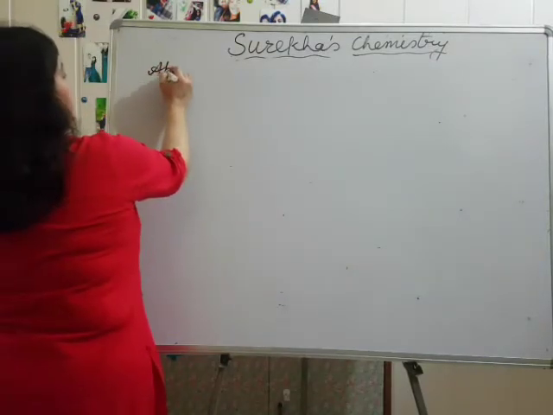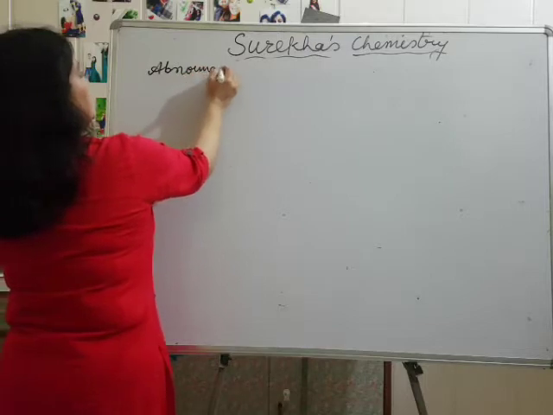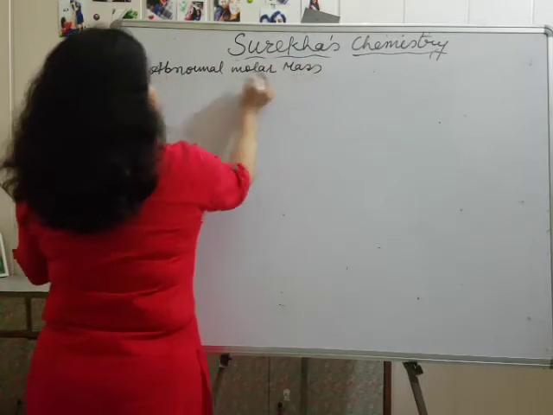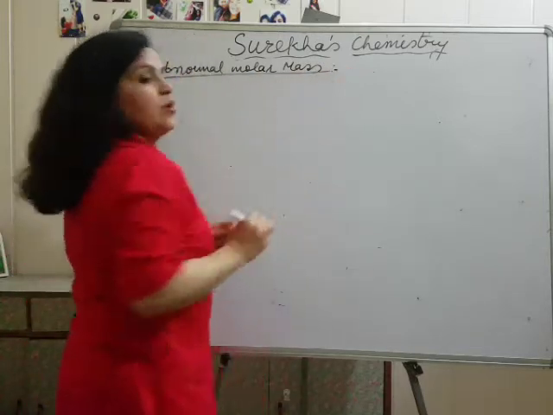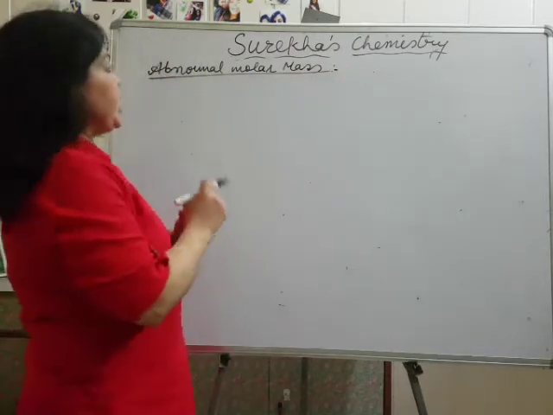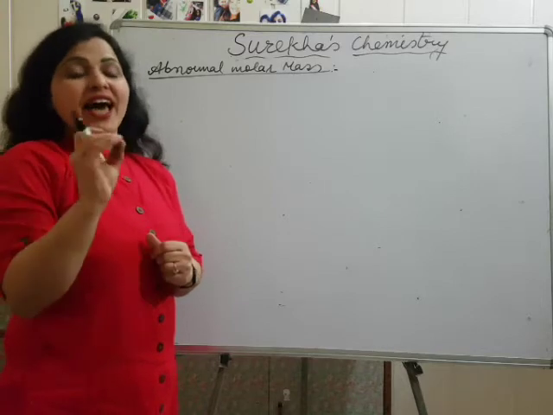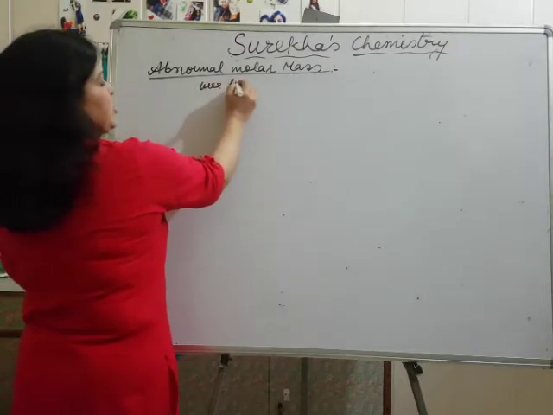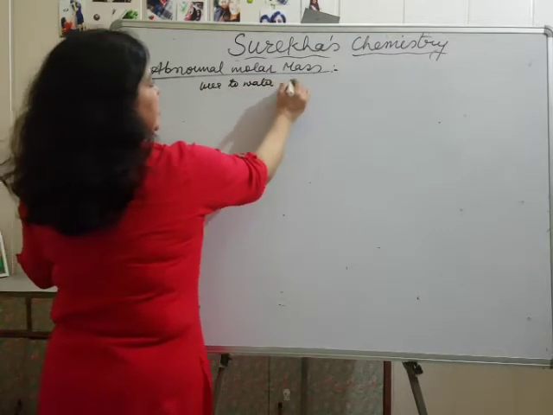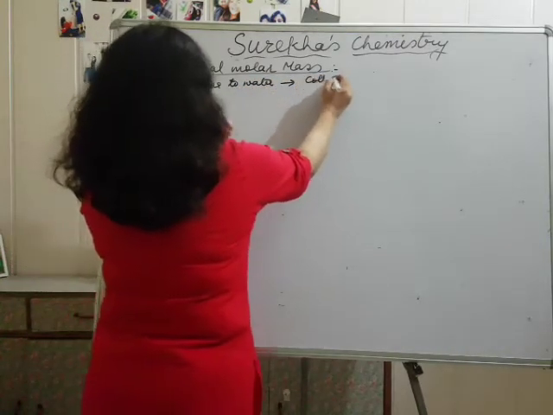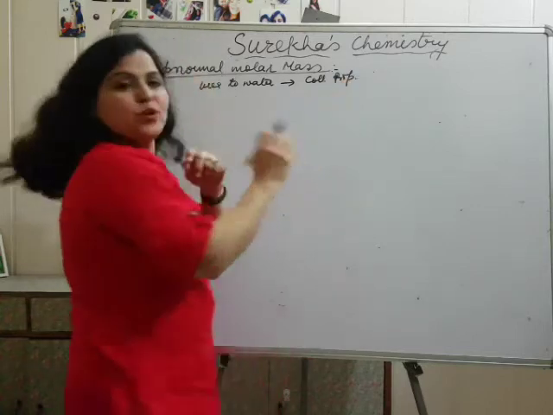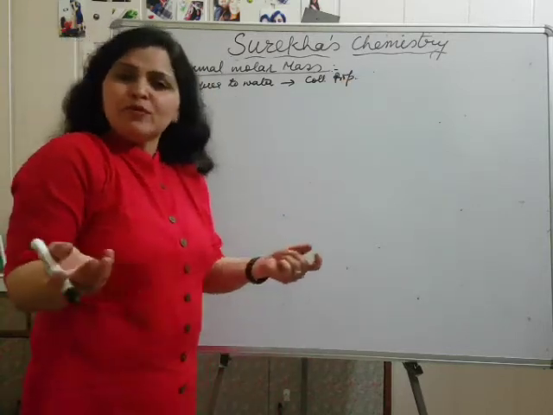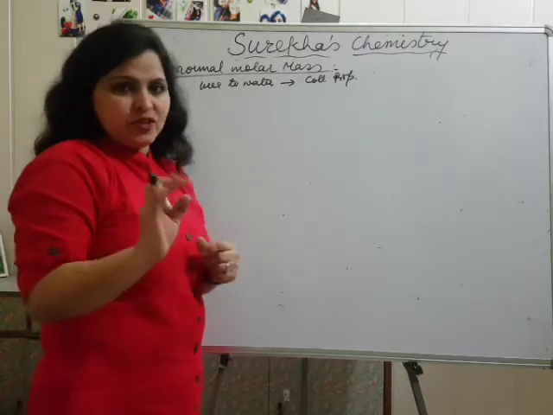Abnormal molar mass. What is this topic basically? Actually, I've just told you I added urea to water, and I used one colligative property to calculate the molar mass of urea. So the molar mass of urea came out to be the same, whatever it was, right?